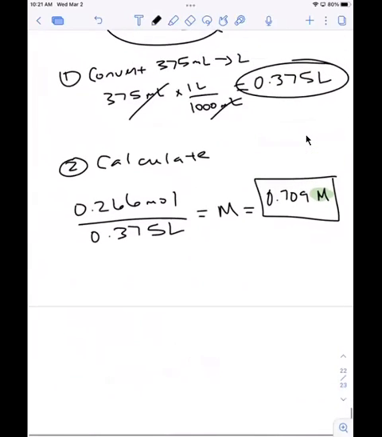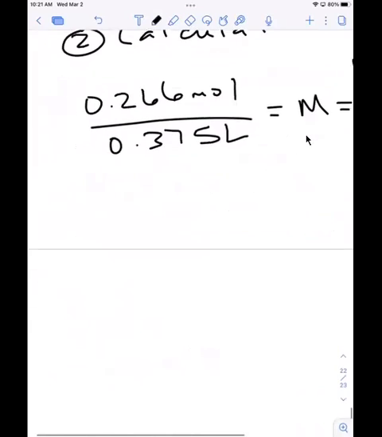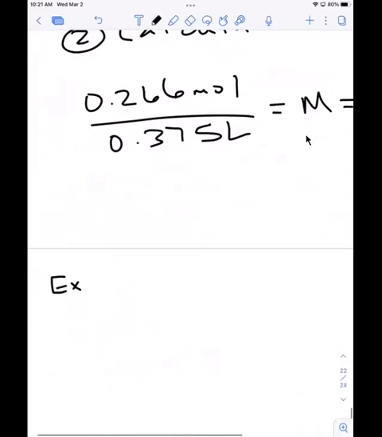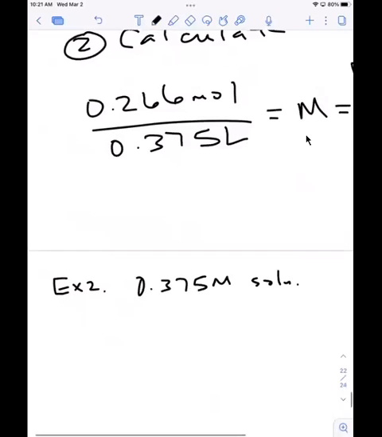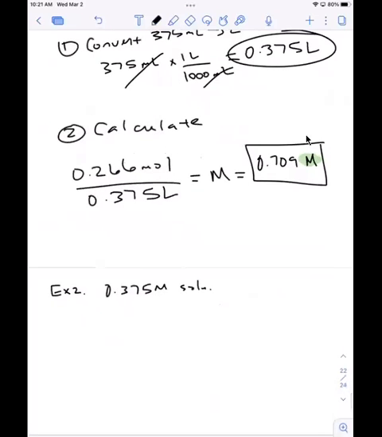So in this next example, we're given the molarity, a 0.375 molar solution.